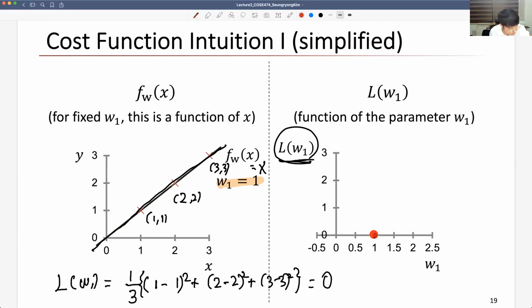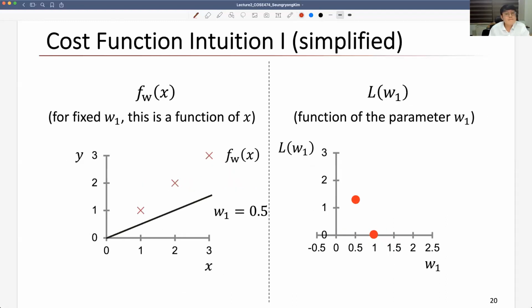Then what about W1 equal to 0.5? Then the mapping function is 0.5x, and we can draw this straight line. When x is equal to 1, it should be 0.5, and when x is equal to 2, it should be 1.